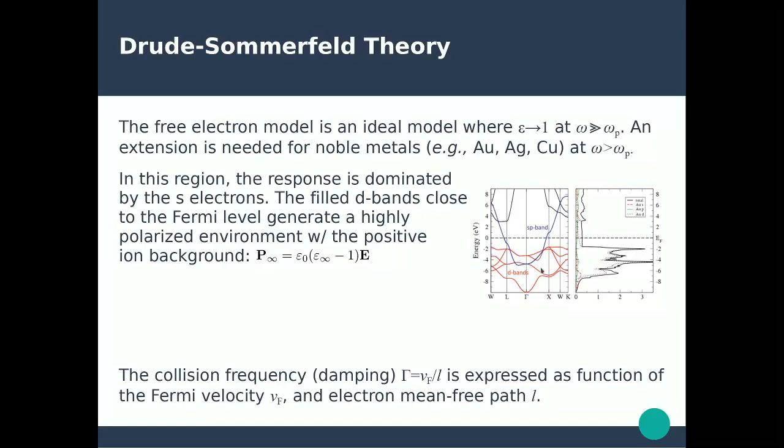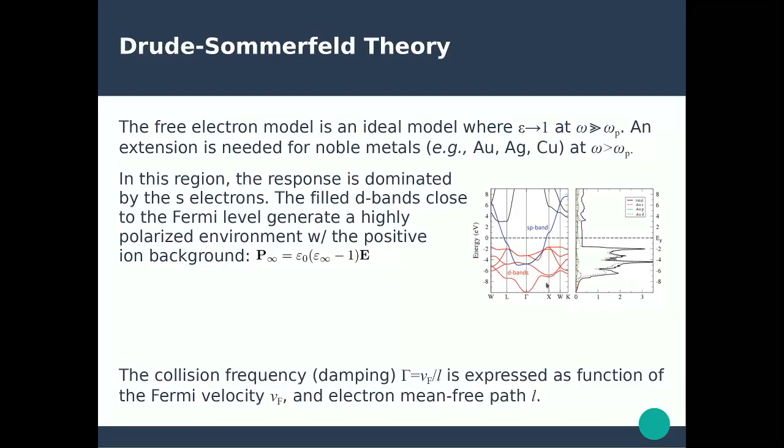The d bands that are forming the valence band here at the very bottom below the Fermi energy actually contribute to a polarized environment. You have to keep in mind that the positive ion background that we discussed before is actually screened by those d electrons. So we don't have only protons forming this positive background, but we have also those electrons that are present.